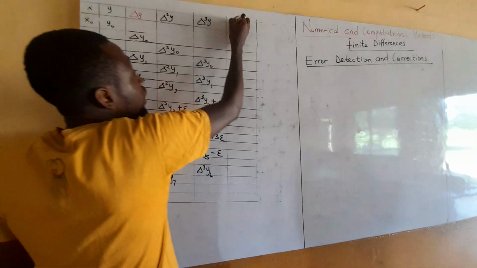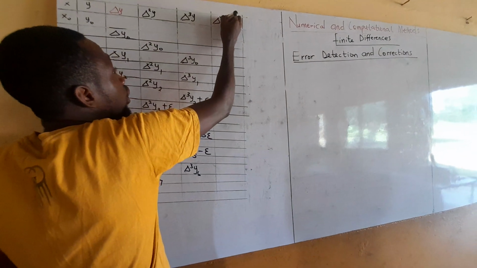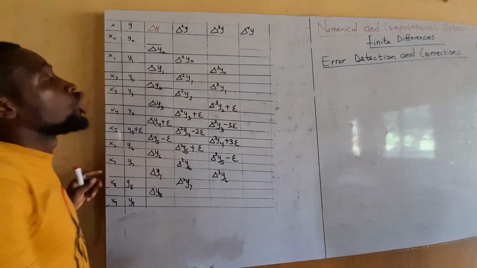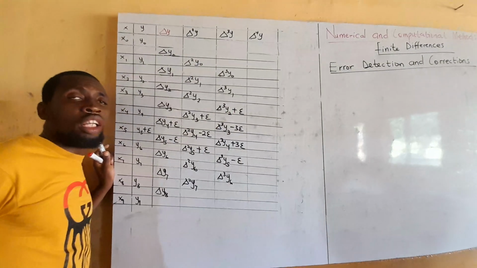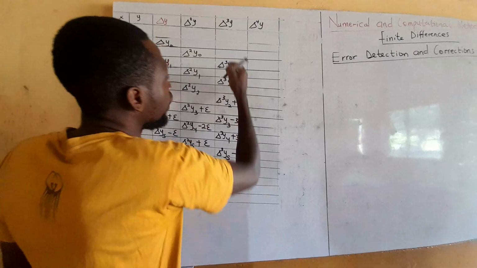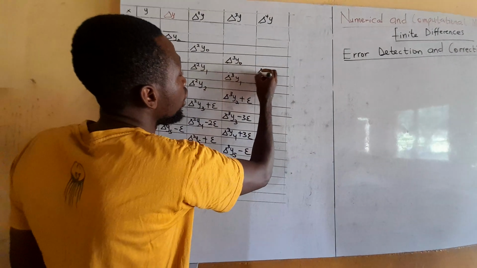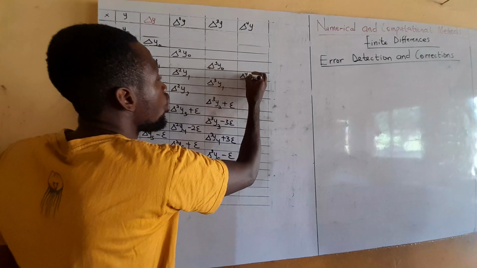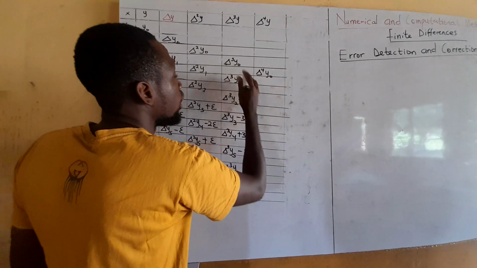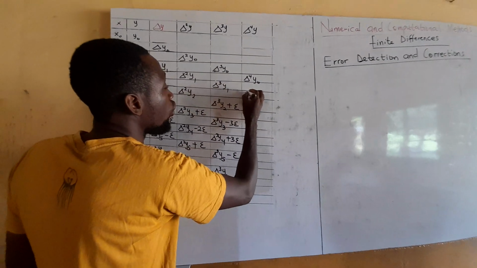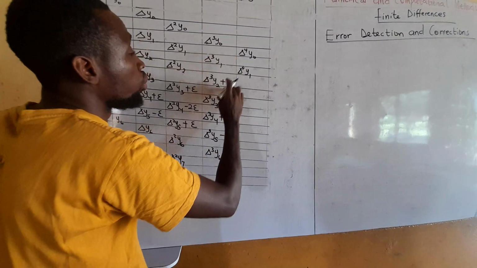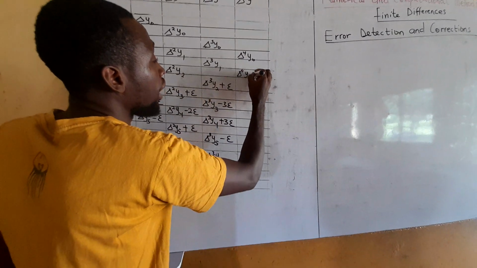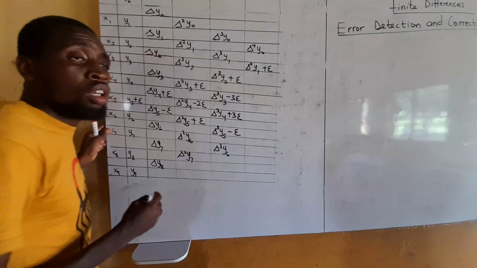Let's find the last difference, which is the fourth difference. And we happen to know that maybe the polynomial which connects x and y is of the fourth power. So we find the difference between this and this, which will be del 4 y0. Then this and this will be del 4 y1. Okay, this from this will be del 4 y1 plus error.